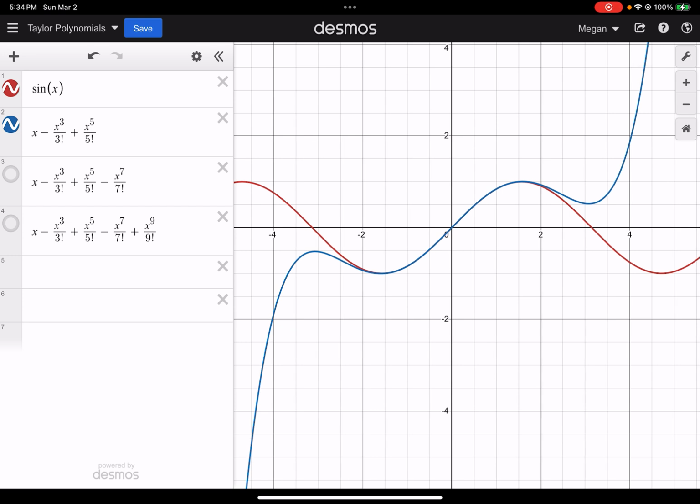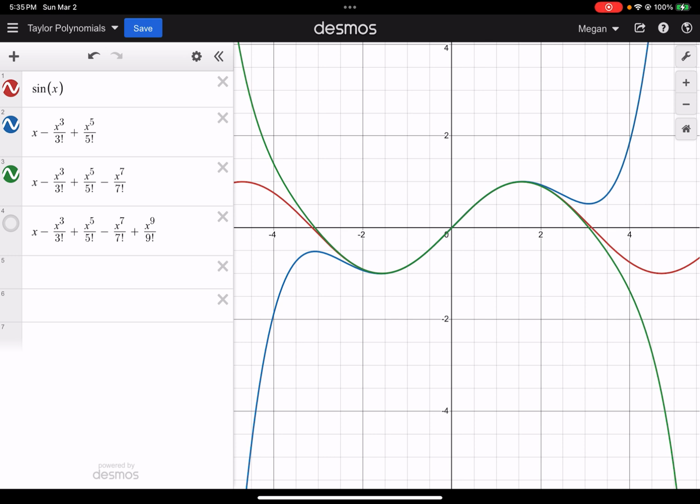So what happens if I add another term that fits with the same pattern? There is a pattern to this: x cubed over 3 factorial, x to the 5th over 5 factorial. So the next term is negative x to the 7th over 7 factorial. I'm going to leave the blue up for just a second. So here is the green. I added another term, and that green graph coincides with the red graph for longer.